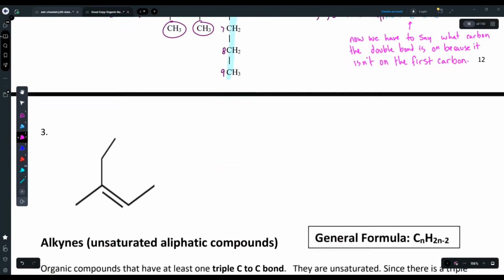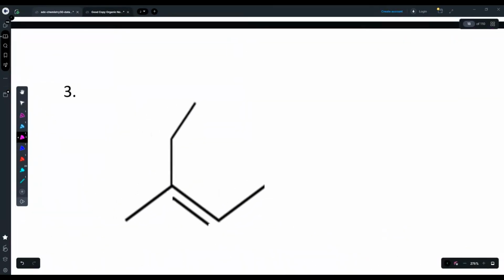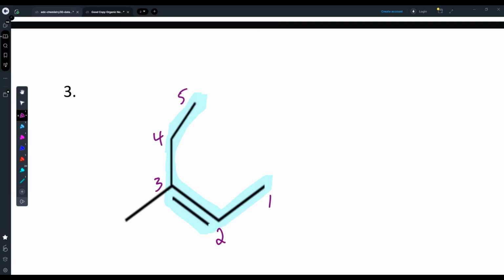Okay, moving on to the next one, we got a line diagram. So looks like the parent chain is going to be here. Again, remember you must include the double bond as part of your parent chain. Okay, so how I'm going to number these carbons to make sure the double bond gets the lower number: 1, 2, 3, 4, 5.